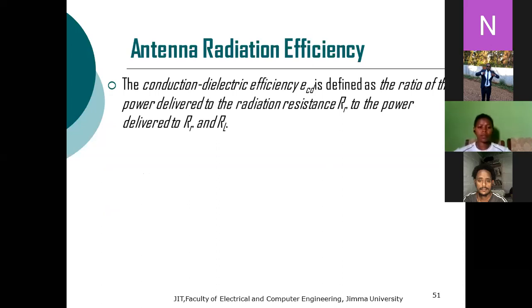So the conduction dielectric efficiency is defined as the ratio of the power delivered to the radiation resistance, R, to the power delivered to the sum of the reflection loss plus the radiation efficiency.